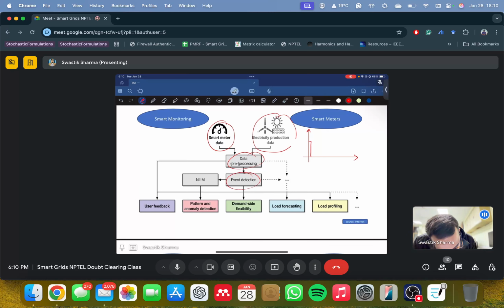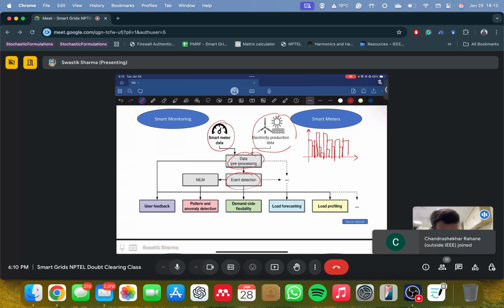So this smart meter data is something like this. It tells you at any given point of time how much your load was, let's say it's P versus T. And these are just bar graphs, not a curved line.